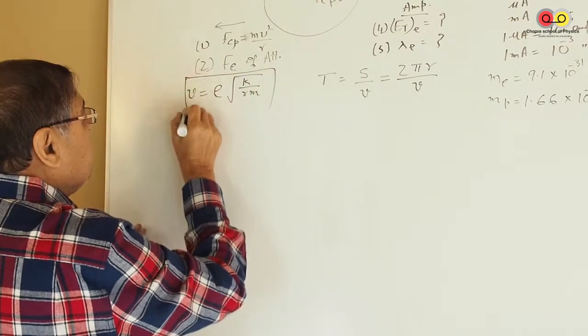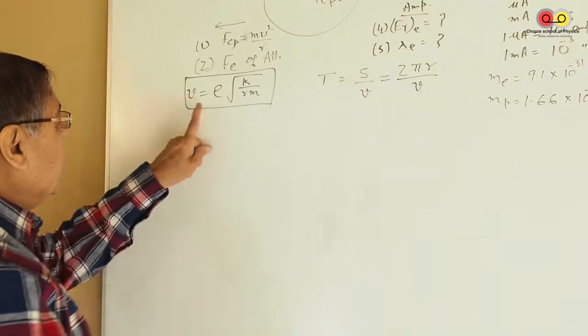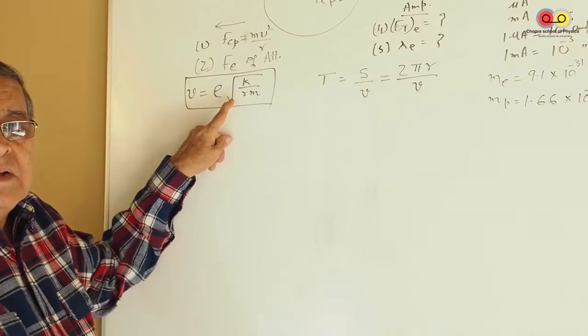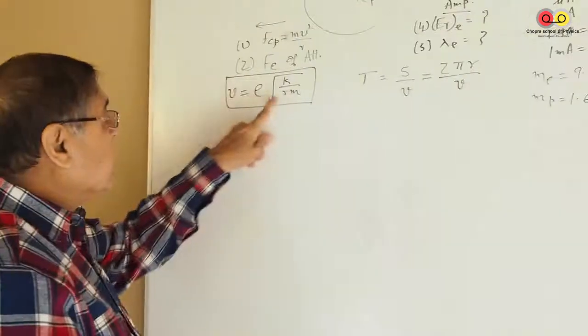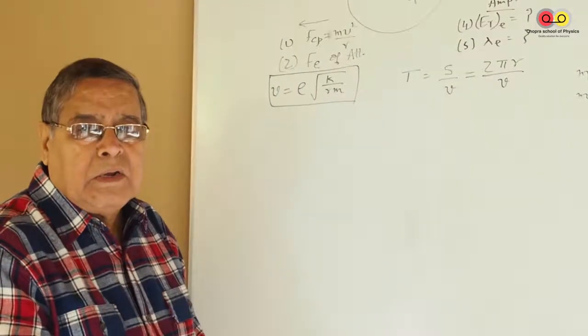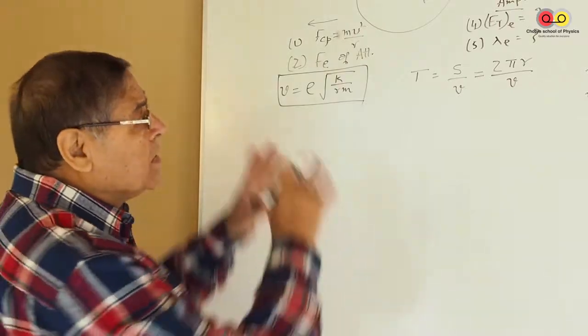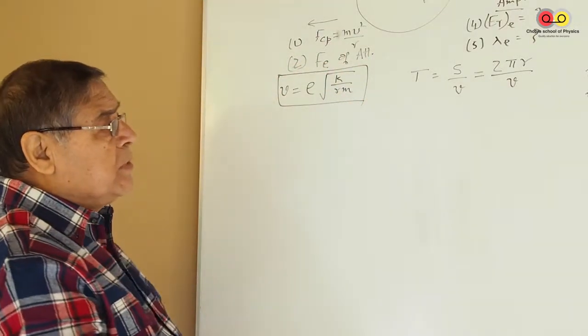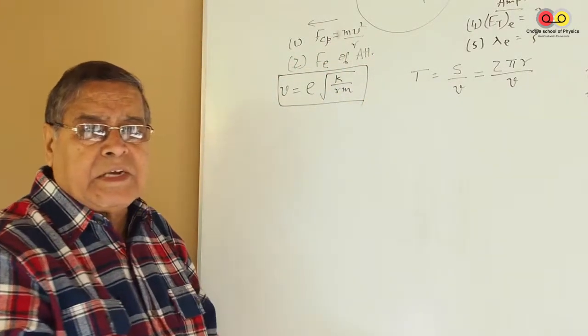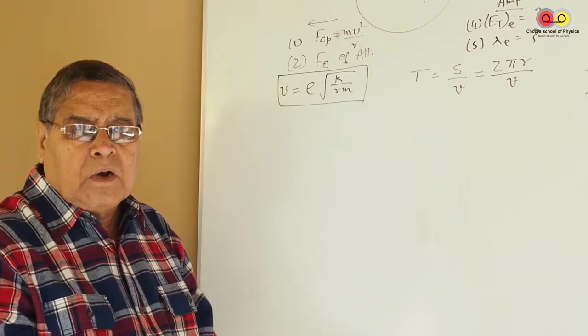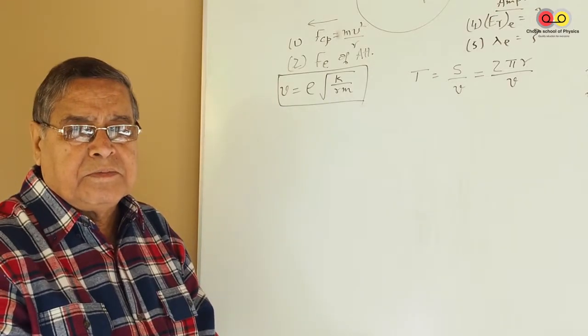From the examination point of view, you have to remember the formula. We do not have to derive the formula. That is for academics. We are discussing all these principles for competitive or entrance examinations.